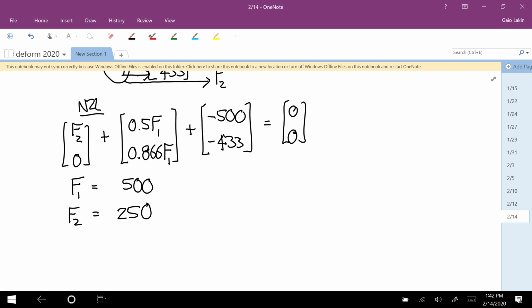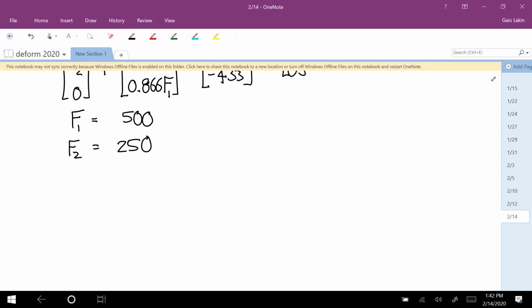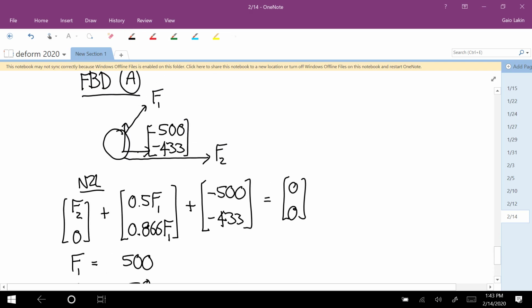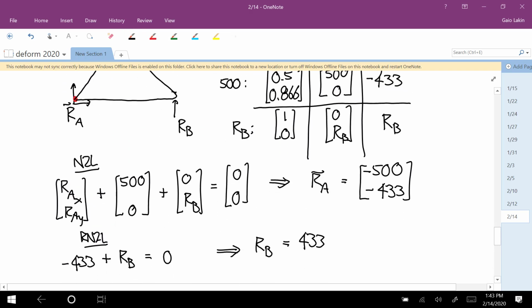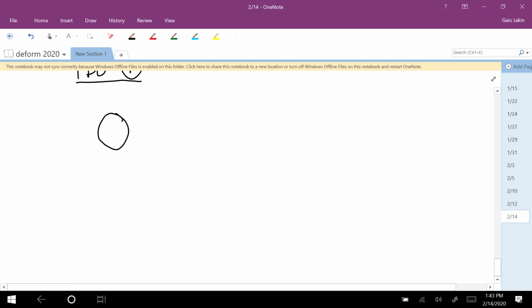So that tells us that member 1 is in tension with a magnitude of 500. Member 2 is in tension with a magnitude of 250. We still have to get the value for the third one. So now I'm going to do a free body diagram of the pin at B. The forces acting on B are the reaction RB, that's 433 acting up.